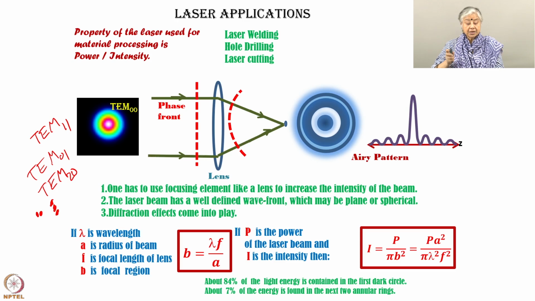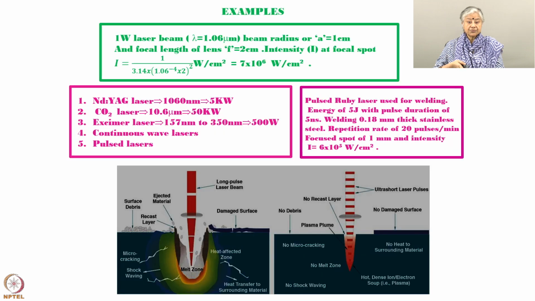You have to pick up the right power for that particular job. You have to choose the right optical systems in order to get the beam focused or the focal spot size that you desire. So, here I just give you some examples.